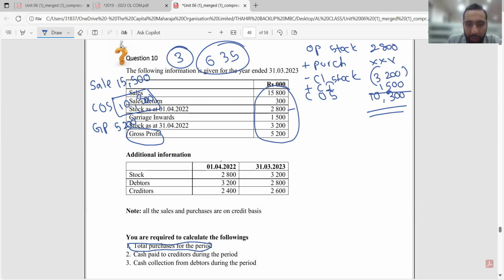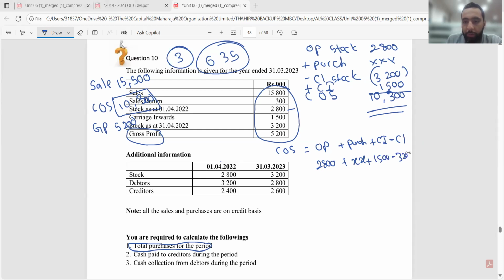So let's quickly prepare the equation. Cost of sales equals opening stock plus purchases plus carriage inwards minus closing stock. Opening stock is 2,800 plus purchases, which you don't have, plus carriage inwards 1,500 minus closing stock 3,200.